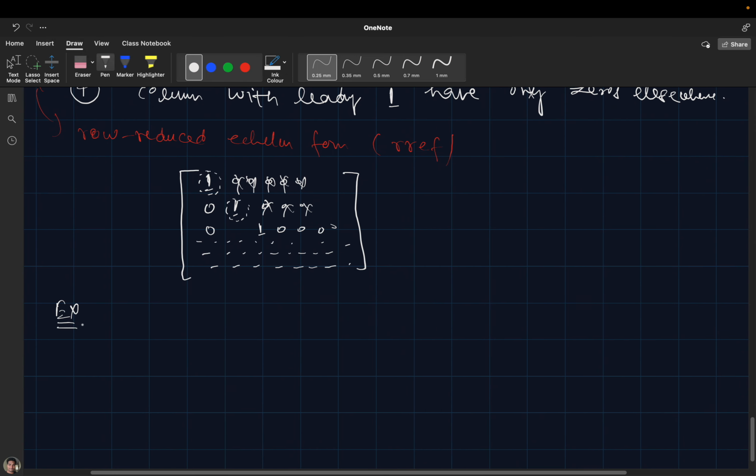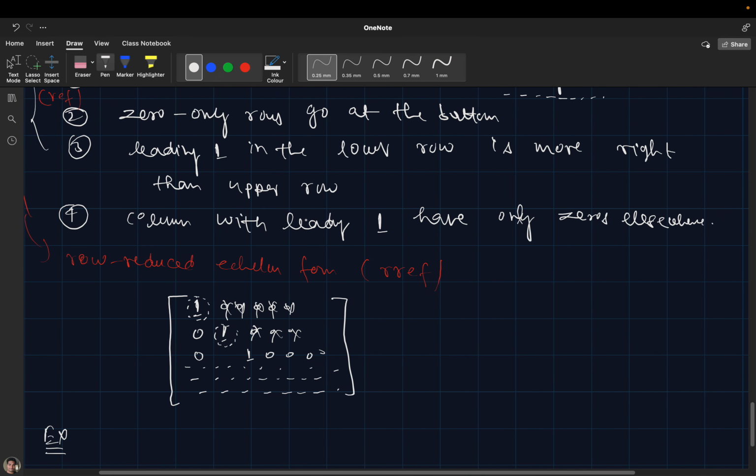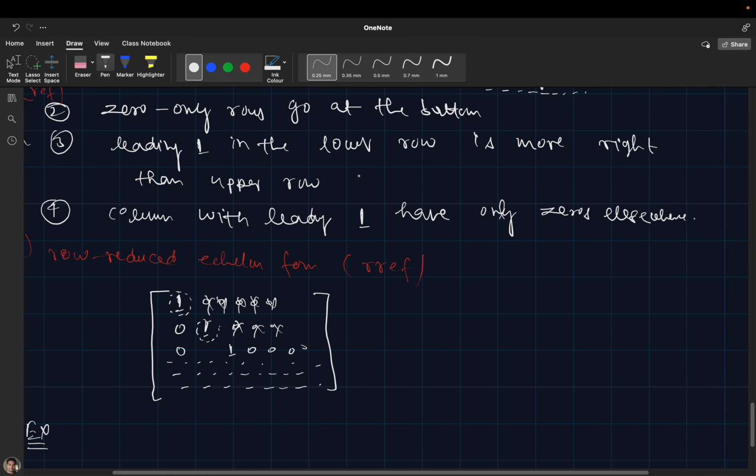Can you explain the third point once again? The third point says the leading one in the lower row should be further right. Suppose you have two consecutive rows like this, 0 0 0 and 0 0 1 0 0.